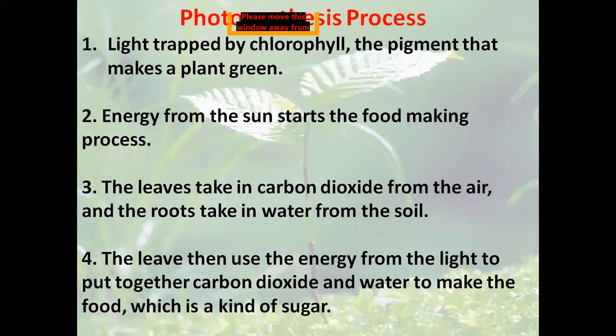Carbon dioxide and water mix together in the presence of sunlight, and the plant uses the energy from the light to put carbon dioxide and water together to make the food. So photo means light, synthesis means putting together: water and carbon dioxide make the food, which is a kind of sugar.